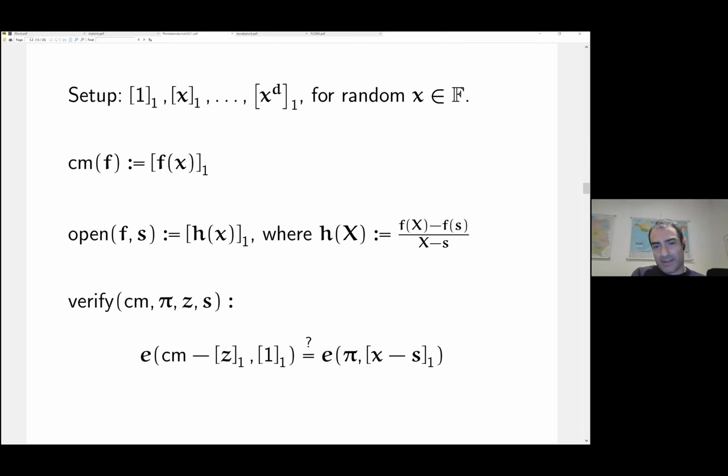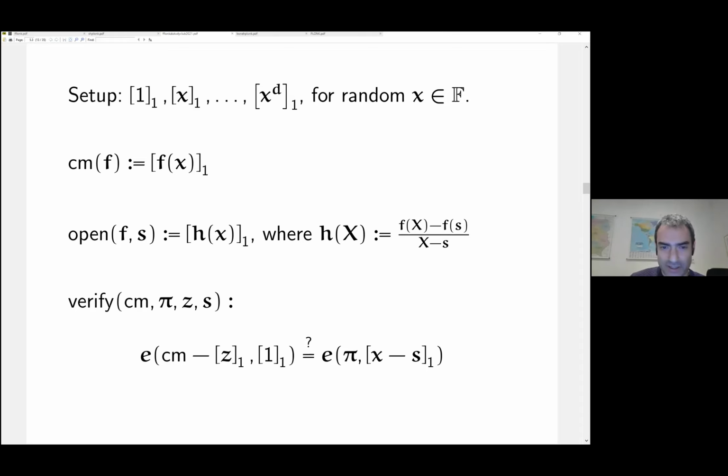It's just checking that if I multiply by the denominator, really f of x minus f of s is equal to h of x times x minus s, right?